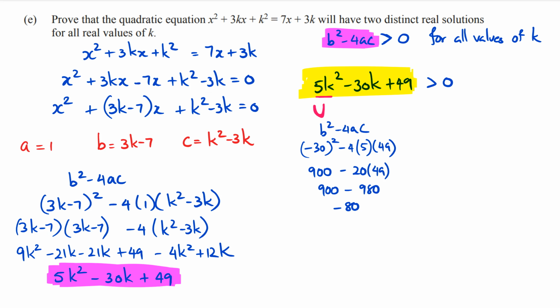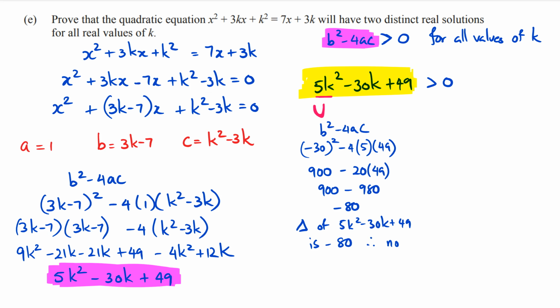I don't know if that'll be accepted as a final answer, but as I said, if there are any teachers out there that watch this and can confirm with me, because I'm going to say the discriminant of 5k squared minus 30k plus 49 is minus 80.